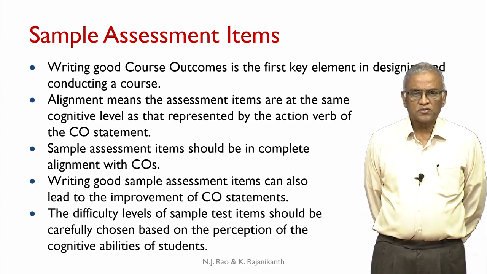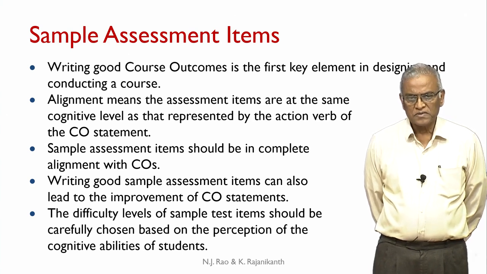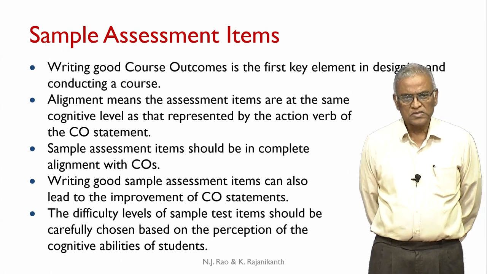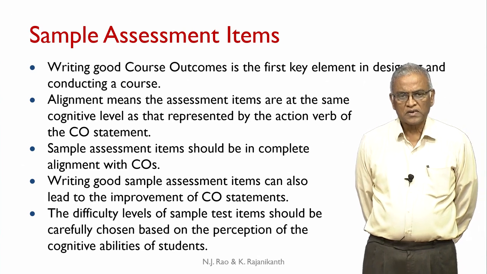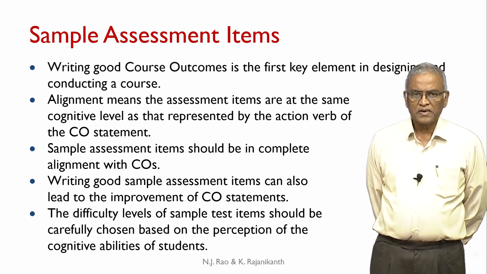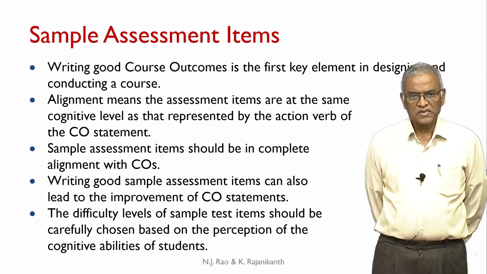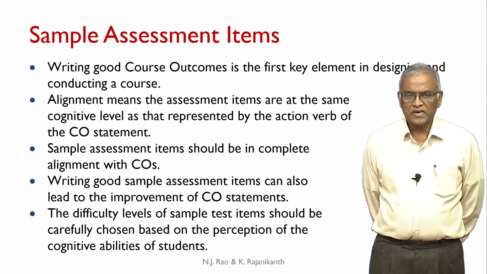That means I should be able to write some assessment items, what you call in common language questions, that need to be solved to demonstrate that the students have attained the course outcomes. So, I also communicate as a teacher to the students: I give a course outcome and I give sample test items.